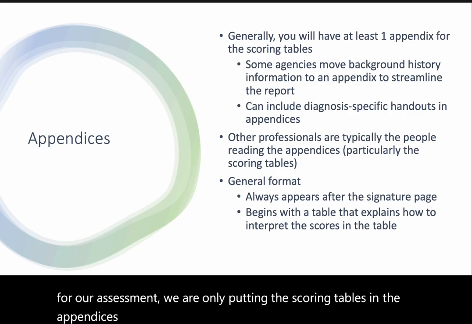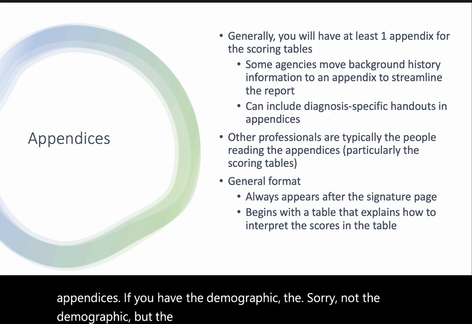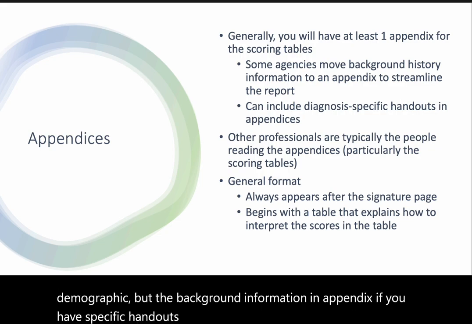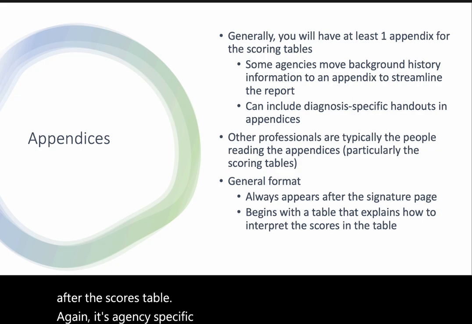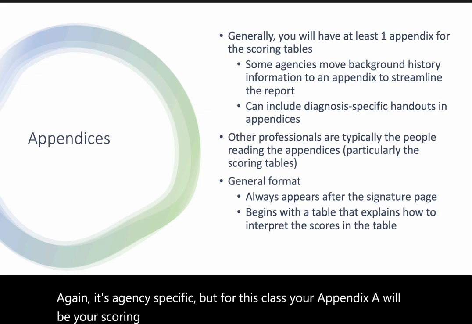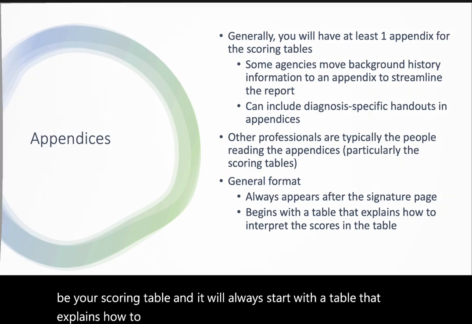If you have the background information in an appendix, if you have specific handouts, those typically appear after the scores table. Again, it's agency specific. But for this class, your appendix A will be your scoring table, and it will always start with a table that explains how to interpret the scores in the table.